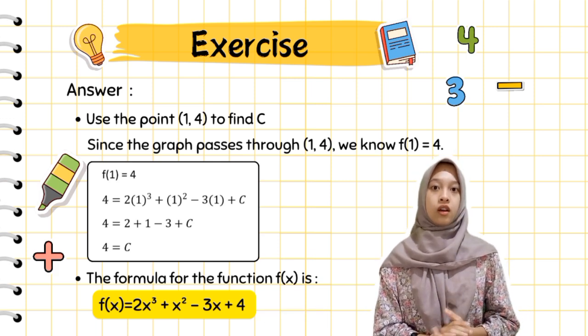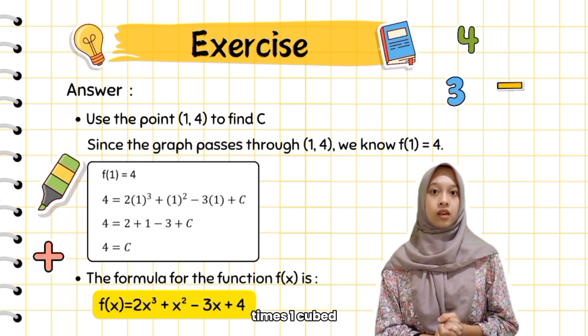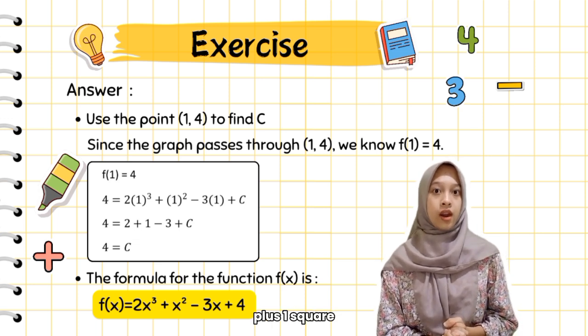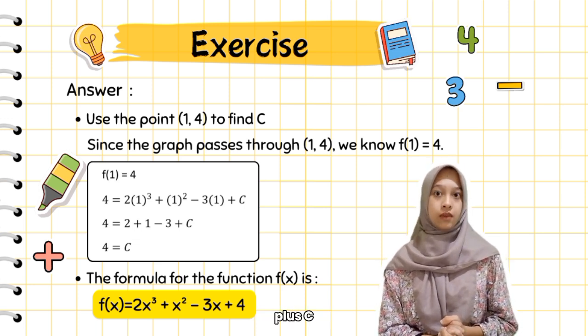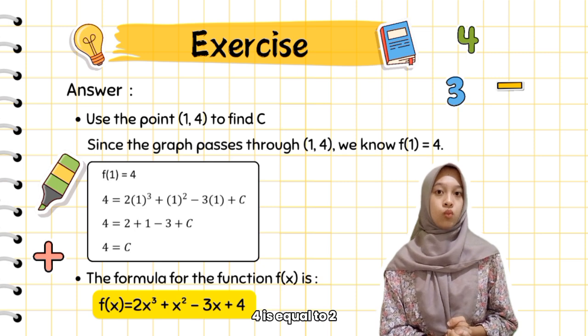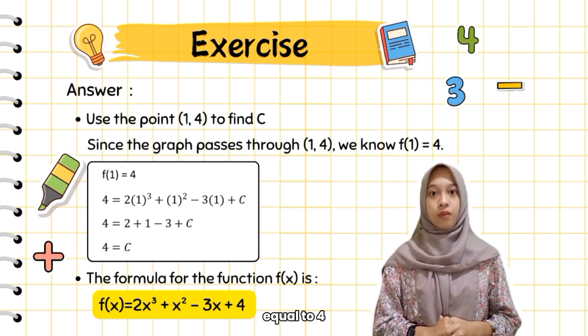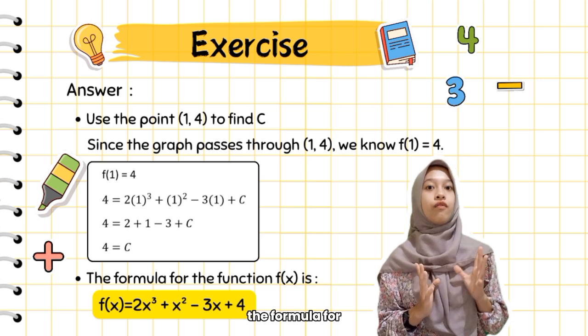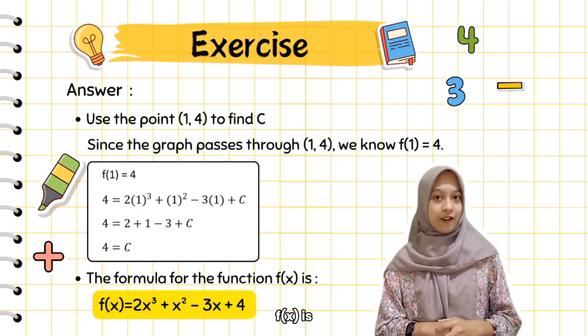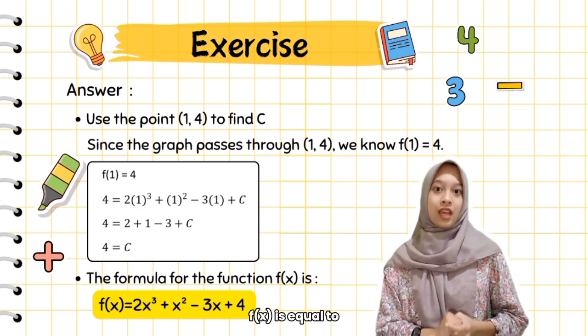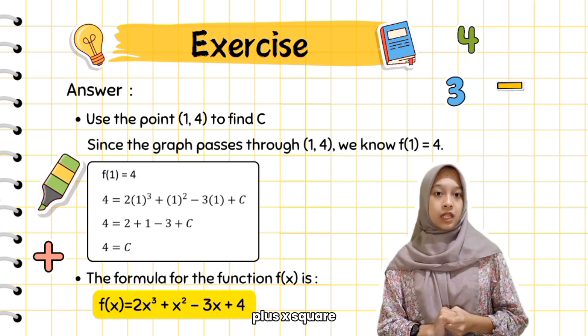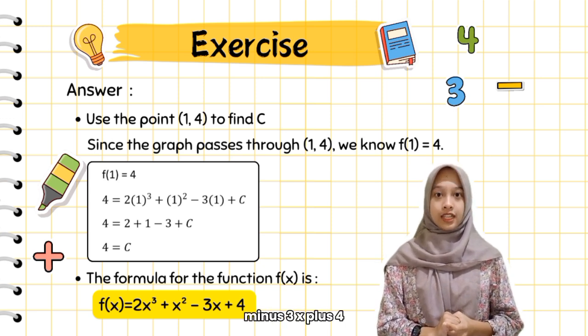So 4 equals 2 times 1 cubed plus 1 squared minus 3 times 1 plus c. 4 equals 2 plus 1 minus 3 plus c. So we know that c is equal to 4. And then the formula for the function f(x) is equal to 2x cubed plus x squared minus 3x plus 4.